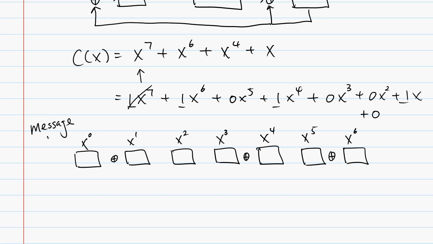Now, the message always goes from left to right, so let's draw our arrows. When the message reaches the end, everything is going to be fed back to the XOR gates.